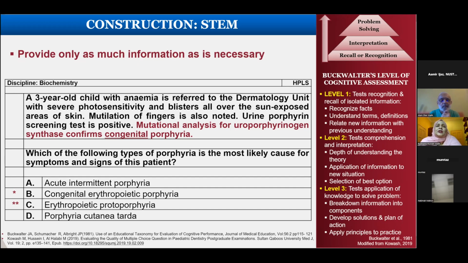So make sure that you are not giving too much information, because sometimes the student will be confused about why this information is given. In that case, they might give the incorrect answer because of the confusion created by us by giving them extra information. So only as much information as is necessary. It might be a bit longer or a bit shorter, it doesn't matter.